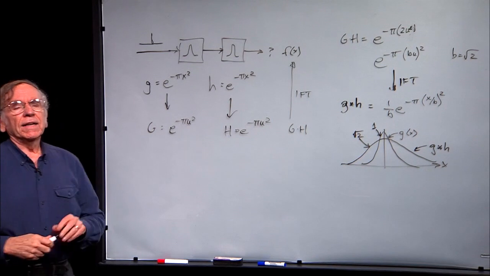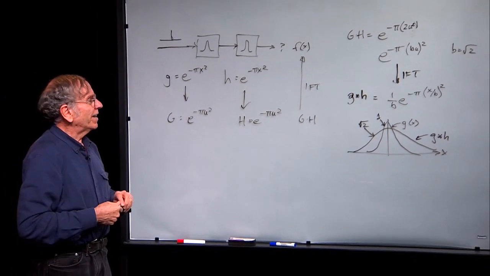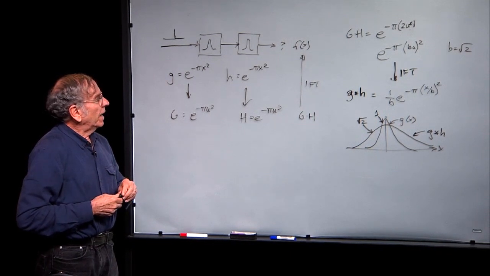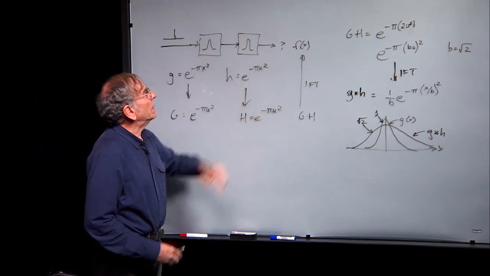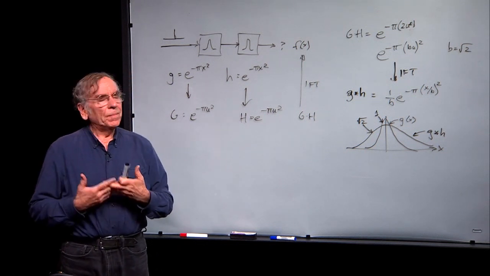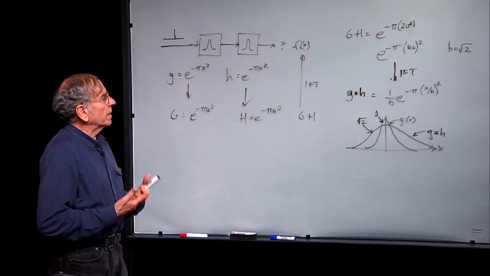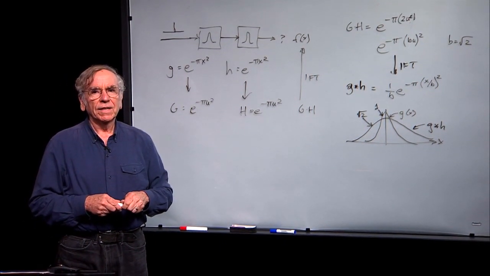This is related in a deep way to the whole idea in statistics that variances add. But anyway, this gives you an idea of what repeated filtering might do to a signal and how you can use the things that we know about Fourier transforms to compute a convolution straightforwardly.